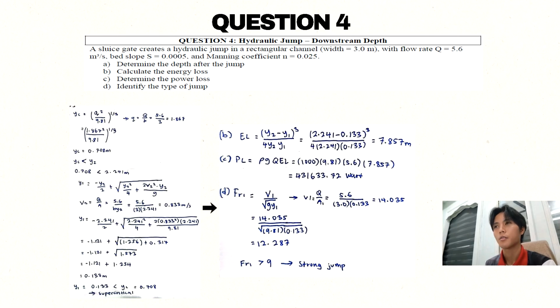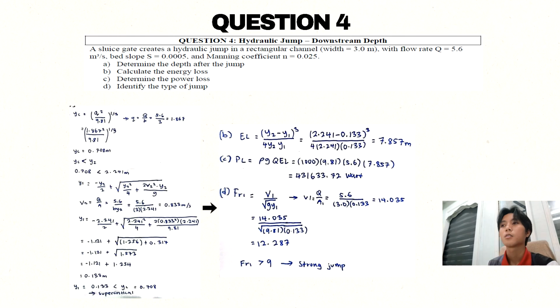So the next step is putting all the values we have calculated into the formula. yc equals q square over 9.81 powered by 1 over 3. How do we get the q for this formula? It is Q over b equals 5.6 over 3.